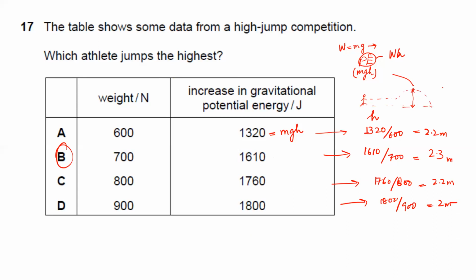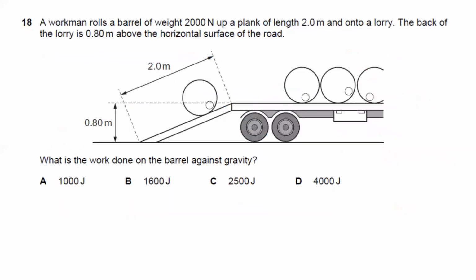So next question, question number 18. It says a workman rolls a barrel of weight 2000 newtons up a plank of length 2 meters and onto a lorry. The back of the lorry is 0.8 meters high above the horizontal surface of the road. What is the work done on the barrel against gravity?